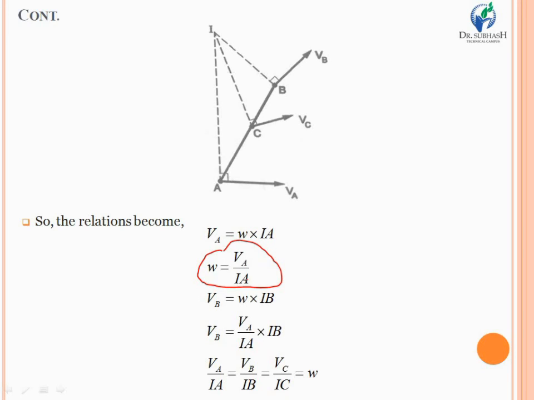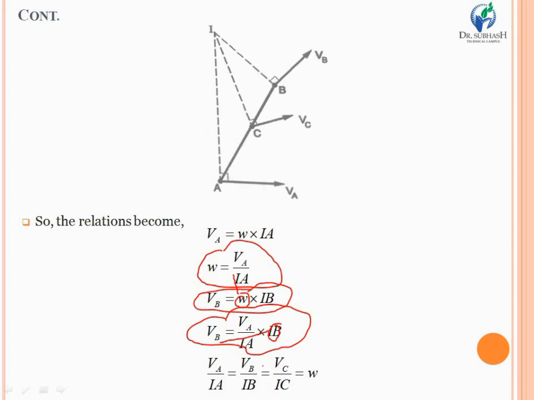Similarly for point B, if you want to calculate the linear velocity, use the relation VB is equal to omega into IB. Putting in the value of omega that we have already calculated, the equation becomes VB is equal to VA upon IA into IB. By simplifying that relation, you get VA upon IA is equal to VB upon IB.